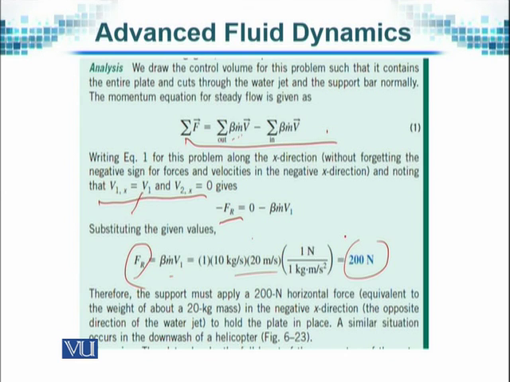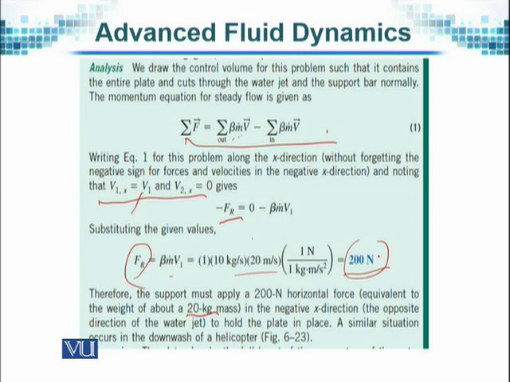And again, by the same terminology or algebraic calculation that I mentioned in the earlier problem we were discussing, this turns out to be equivalent to about 20 kilogram mass. So you can see how this 20 kilogram mass is being computed. Again, the same equation, Newton's equation. If it is 200 Newton, the mass will be about 20 kilogram.